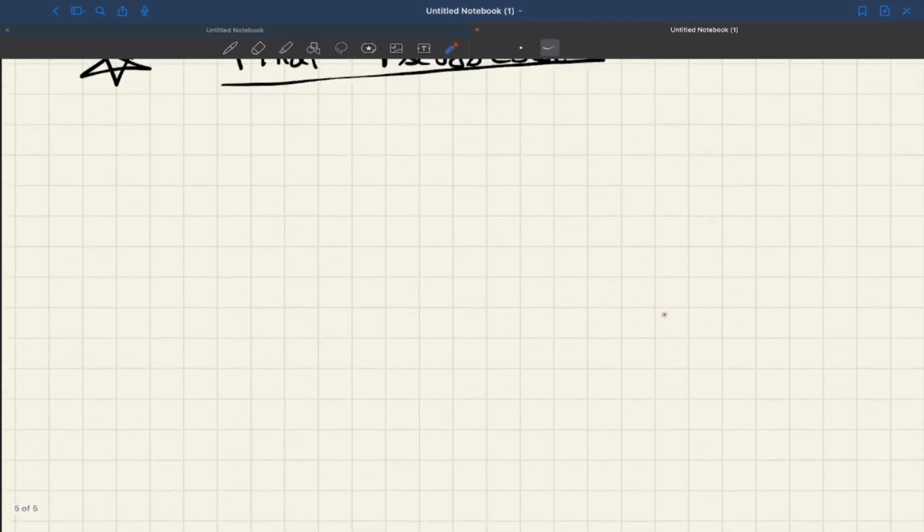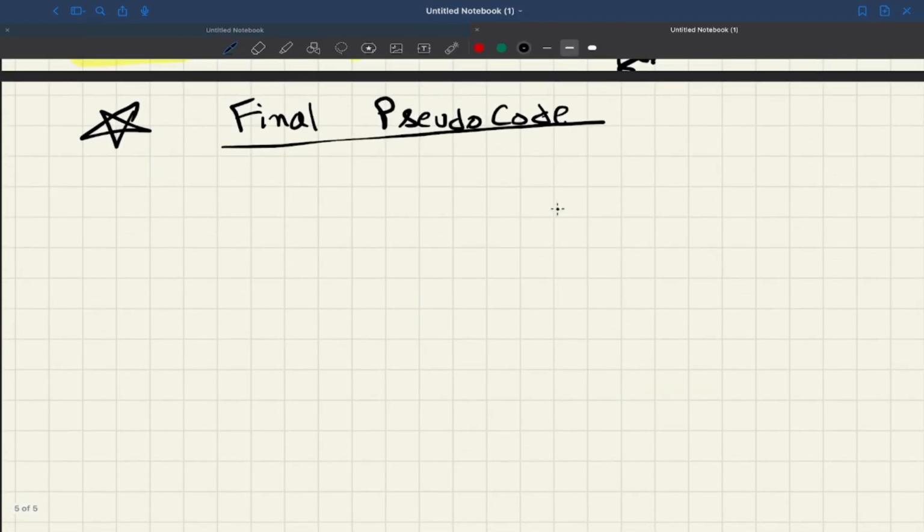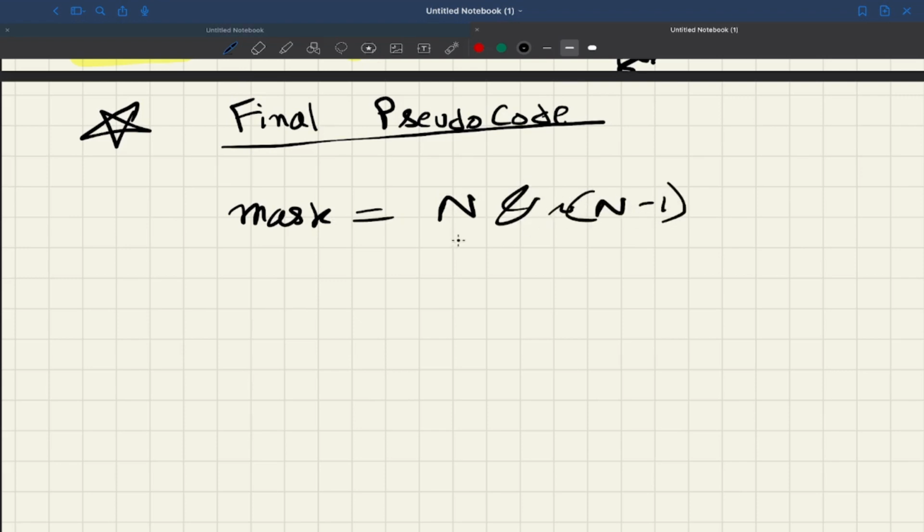So I can say that this is my mask. Mask is what? n AND negation of n minus 1.